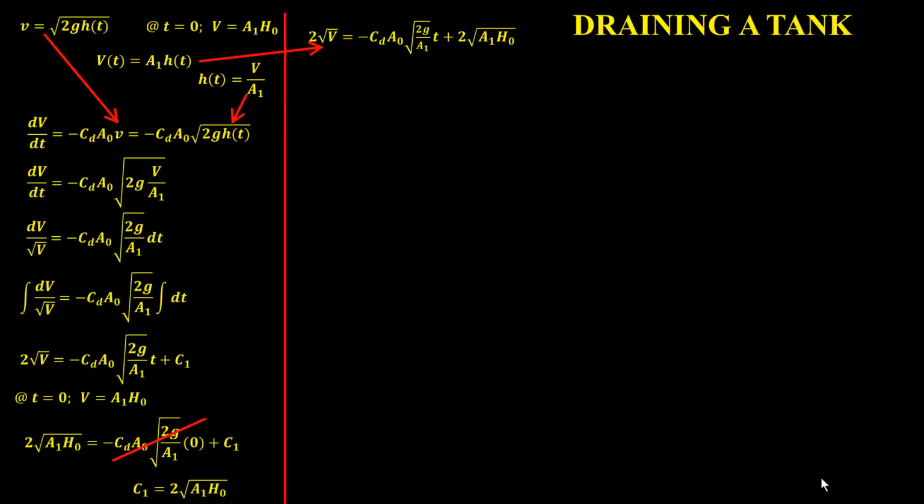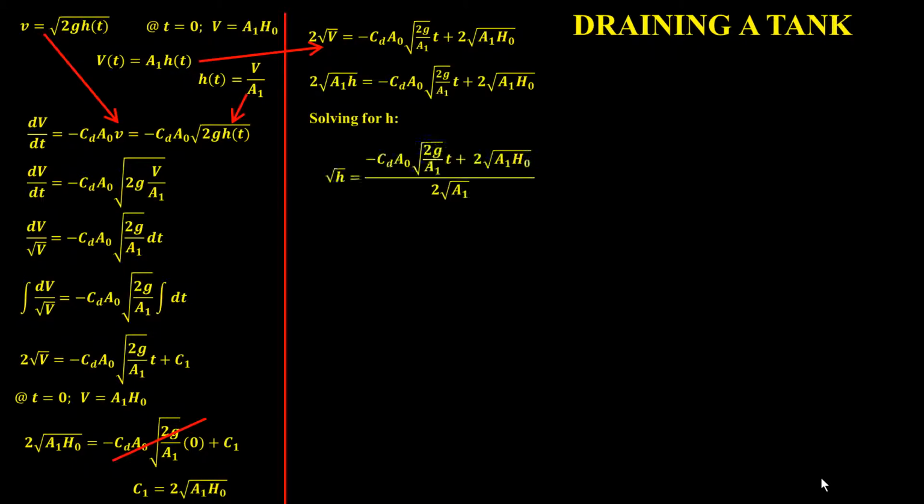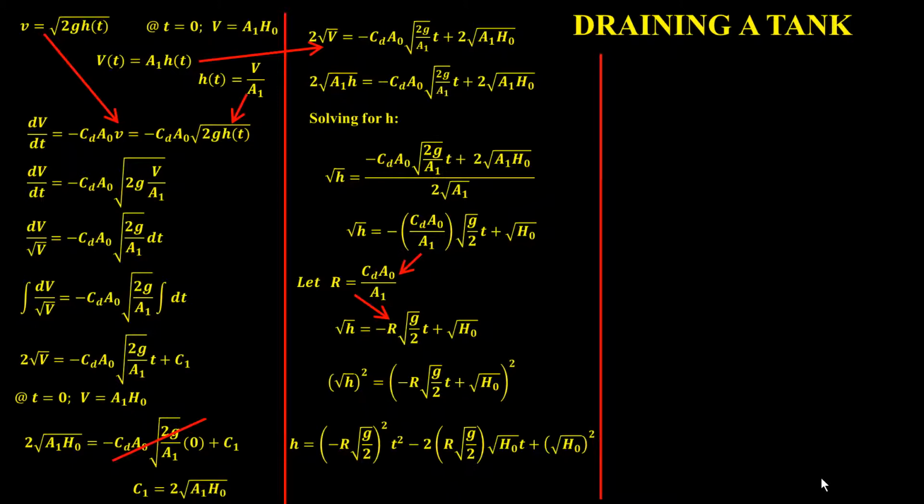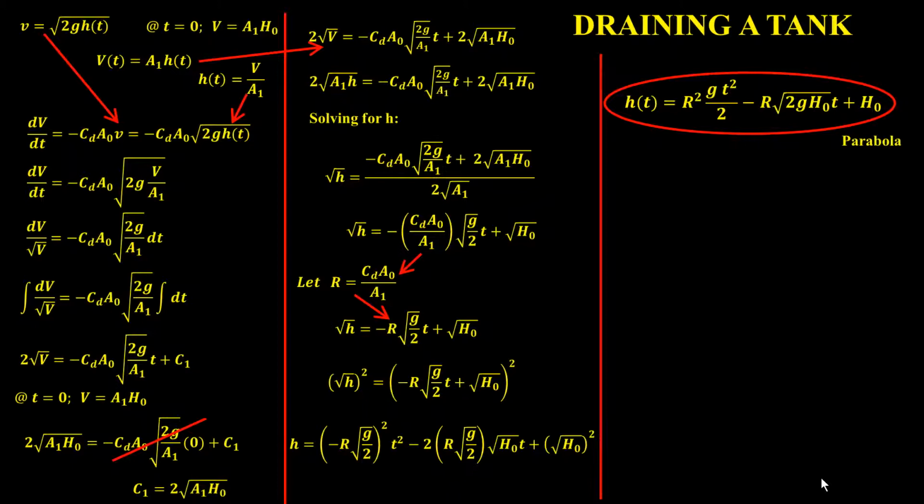So then we plug in for V, we plug in A1H(t), and we solve for H, and then we make CD A0 over A1 equal to R. Once that is R, we solve for H, and then we get H equals that, so then H(t) is equal to this, which is our position, which is also a parabola.